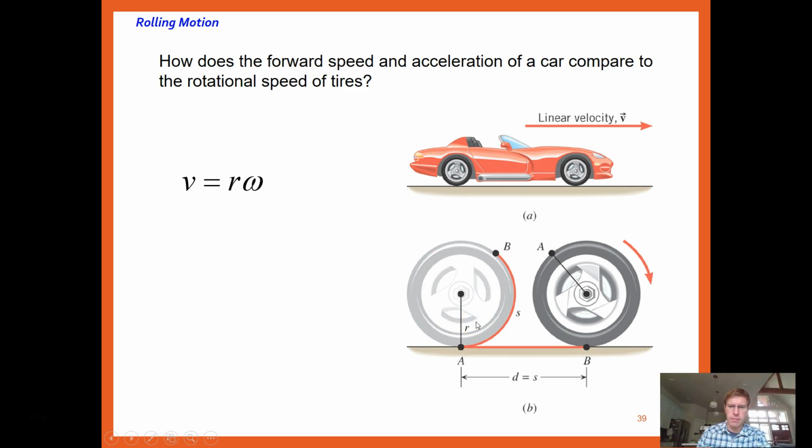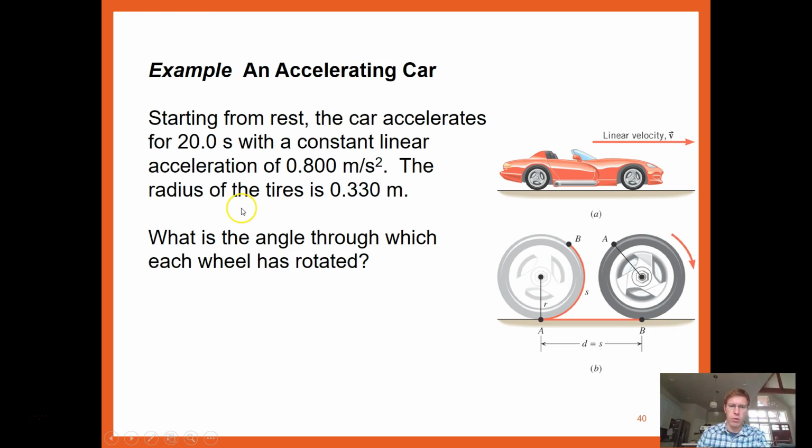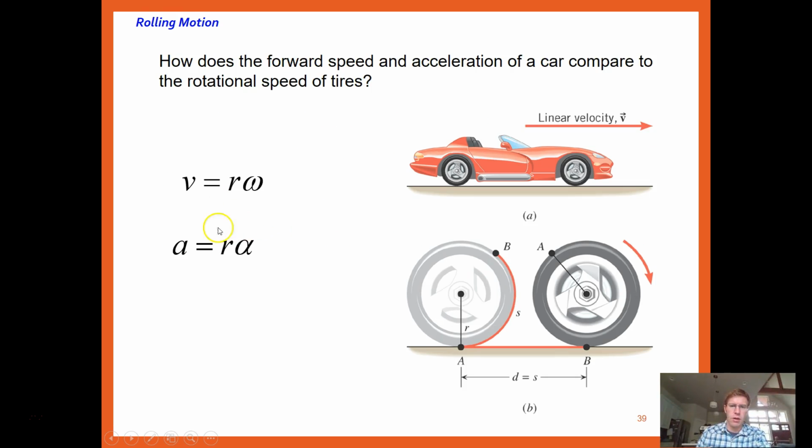And so if we combine these ideas of what we were just learning, since the arc length distance covered by the outer edge of the tire is the same distance covered by the car, that means the tangential velocity of the outside edge of the tire is the same as the forward linear velocity of the car.